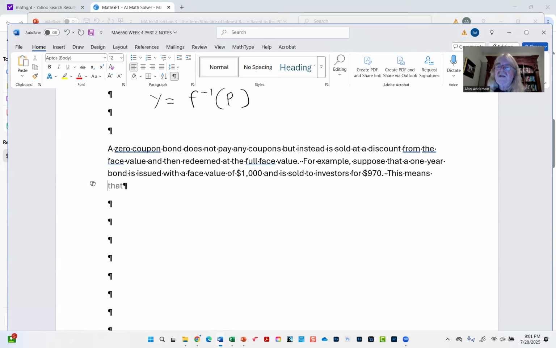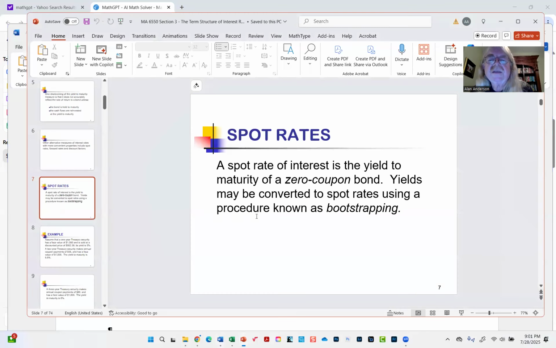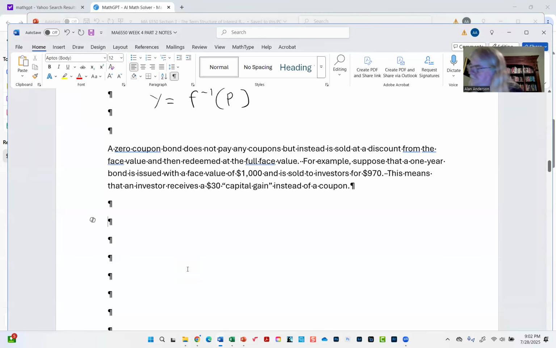This means that if you buy this bond, you receive a $30 capital gain instead of a coupon. And now that makes things a lot simpler because the spot rate, you can think of this as the yield. Now, what would that be in this case? If you took the capital gain over the price that you paid for this thing.